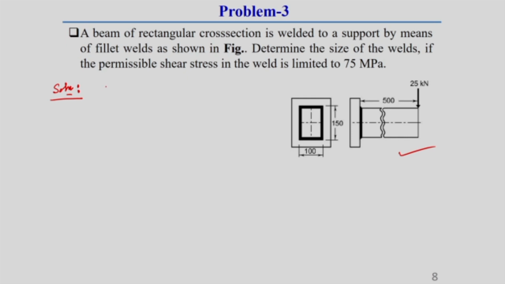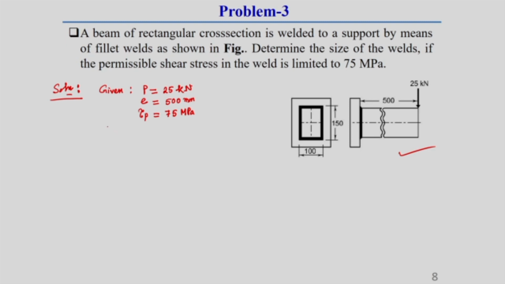So, here the given data is: applied force P equal to 25 kilonewton, eccentric distance is given as 500 millimeter and permissible shear stress given as 75 MPa.